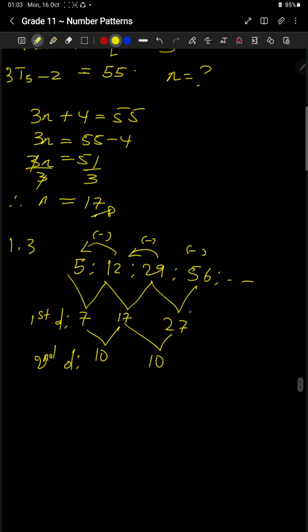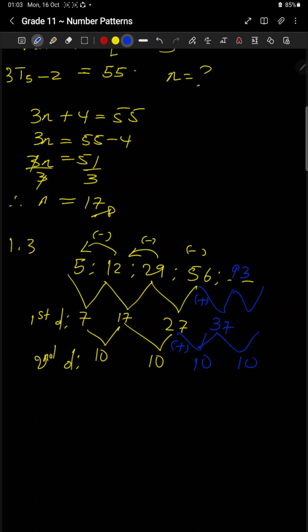And then how do we get the next term? It's very, very easy stuff. We're going to just say 10. So 10 plus 27 definitely must be 37, and then 37 plus 56 should be 93, and then we continue in the same way.